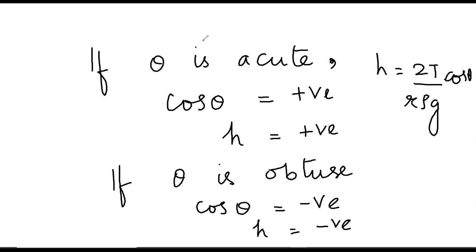There is no elevation, rather there is depression. A good example is mercury, which has an obtuse angle of contact, and hence if you see capillary tubes inserted in mercury columns, there will be capillary depression, there will be capillary drop and not capillary rise.